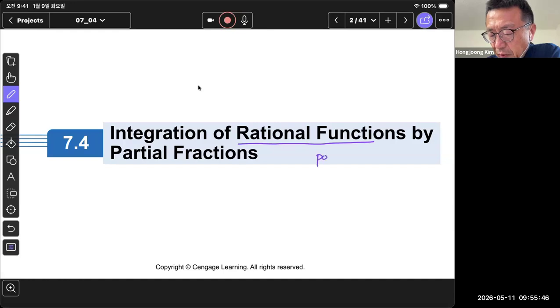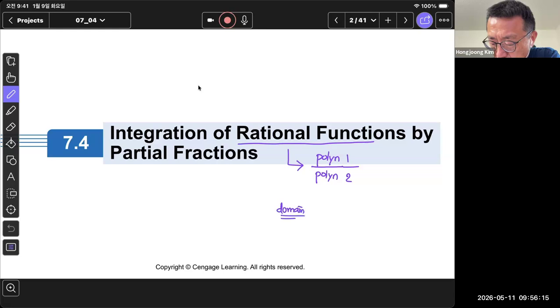If you divide one polynomial by another polynomial, that is your rational function. So polynomial number 1 divided by polynomial number 2 defines a rational function. Then what is the domain of the rational function?